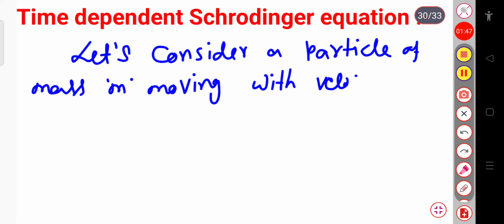Suppose here we are considering only one dimension. So let us consider a particle of mass m moving with velocity v in one dimension.